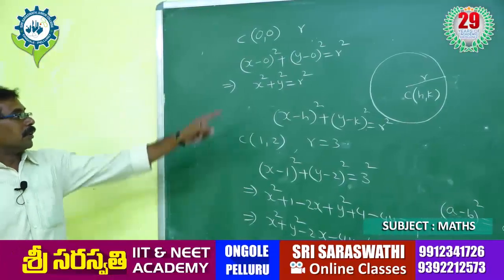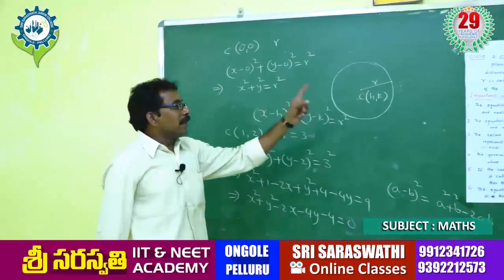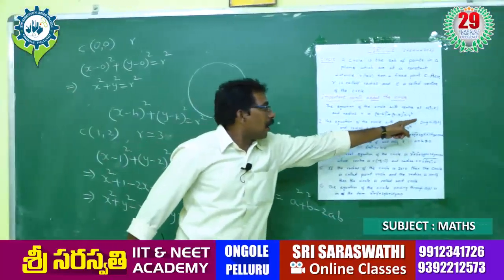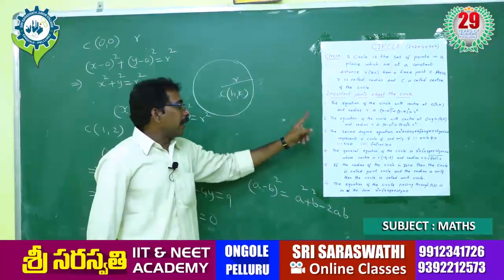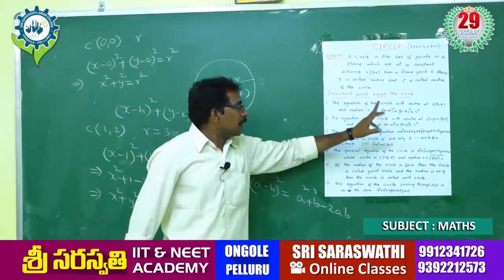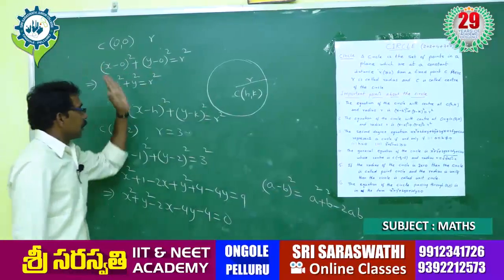So the equation of the circle having center at origin (0, 0) and radius r is x square plus y square is equal to r square.